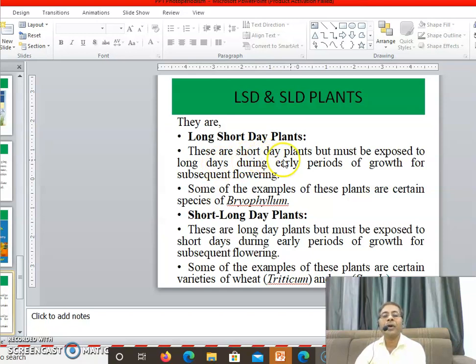These are short day plants but must be exposed to long days during early periods of growth for subsequent flowering. An example is Bryophyllum. Short long day plants are long day plants but must be exposed to short days during early periods of growth for subsequent flowering. An example is Triticum. Thank you.